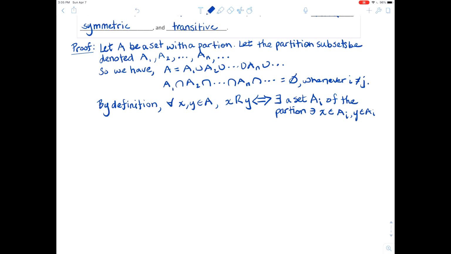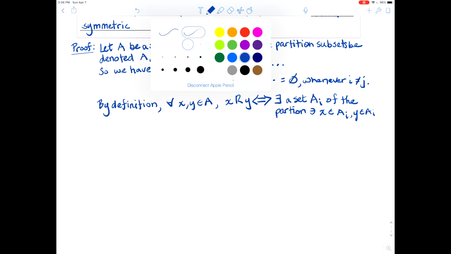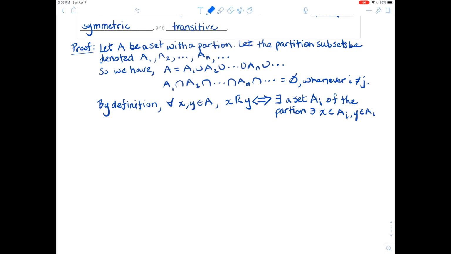Now, there's going to be 3 parts because we need to show reflexivity, we need to show symmetry, and we need to show transitivity. Cool? So we'll go ahead and do them in different colors. So here we go.